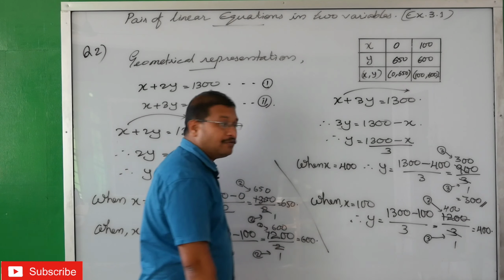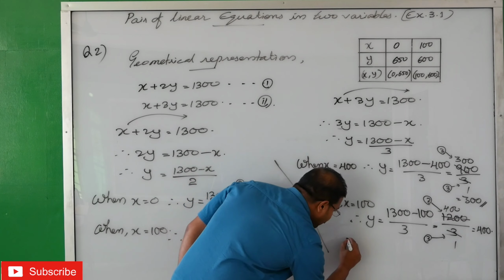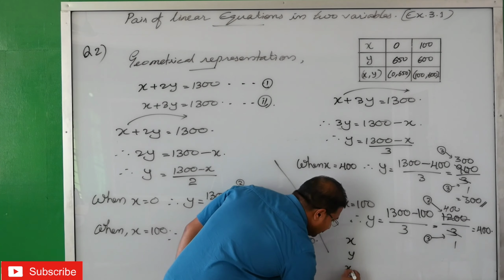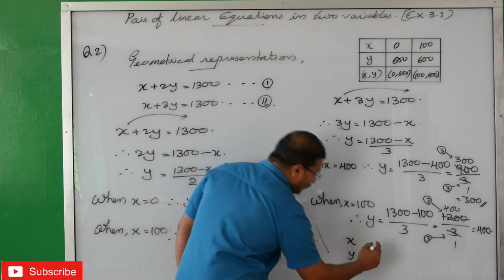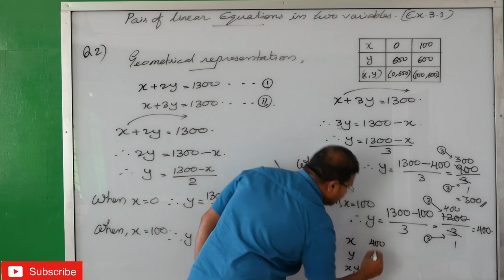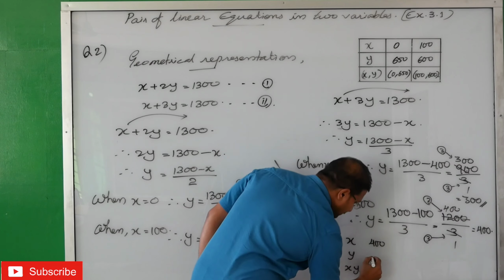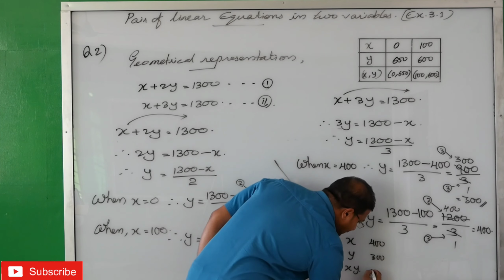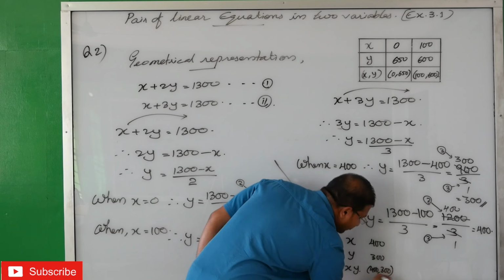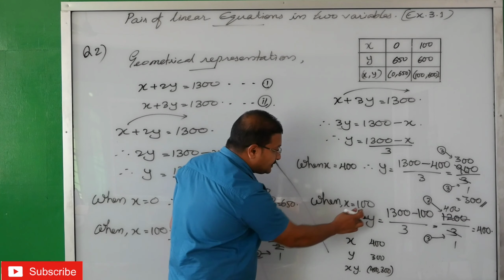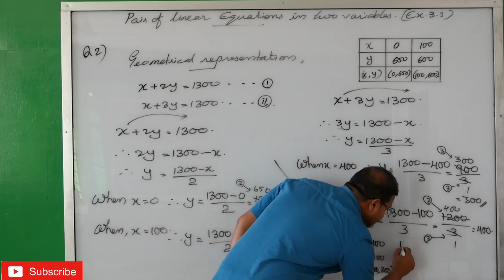Ready? Now we'll go for the table. x, y. Ready? After that, what is the value of x first? 400. That time we got the value of y as 300. That means xy means 400 and 300. Ready? After that, second case, x is 100.